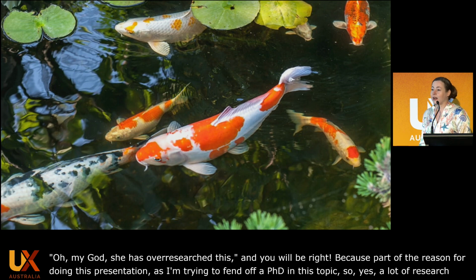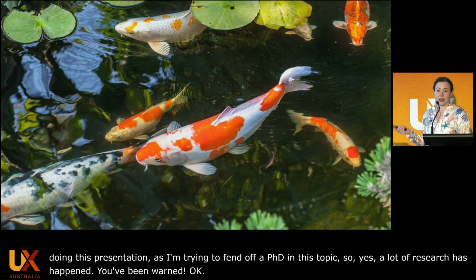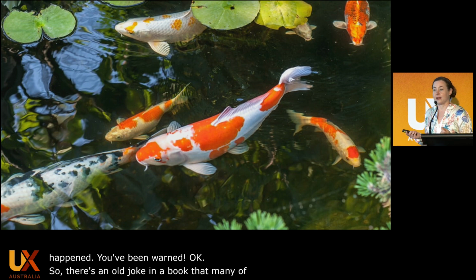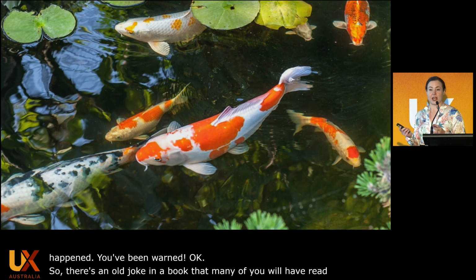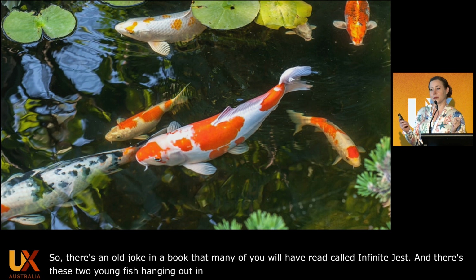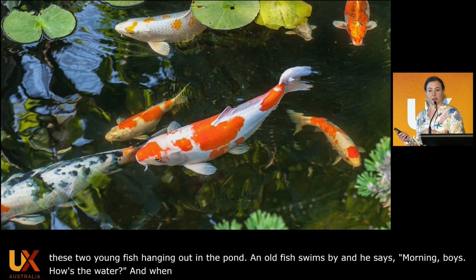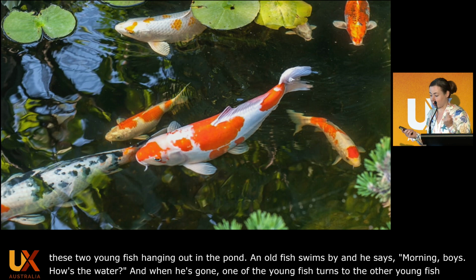So, there's an old joke in a book that many of you will have read called Infinite Jest. There's these 2 young fish hanging out in the pond, and an old fish swims by, and he says, "Morning, boys, how's the water?" And when he's gone, one of the young fish turns to the other young fish and goes, "What the hell is water?" Okay? It's a joke about culture.